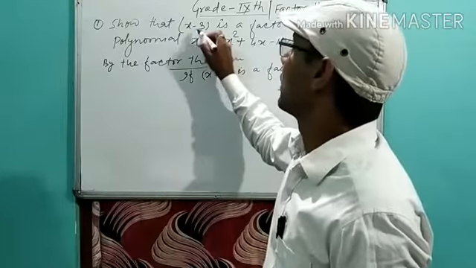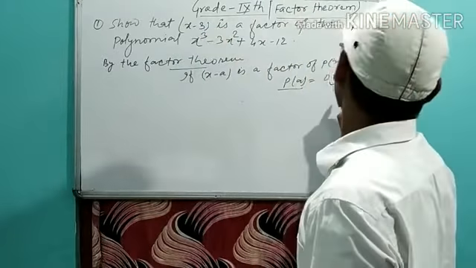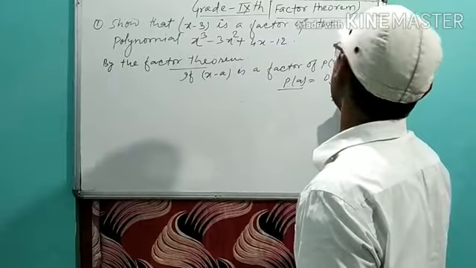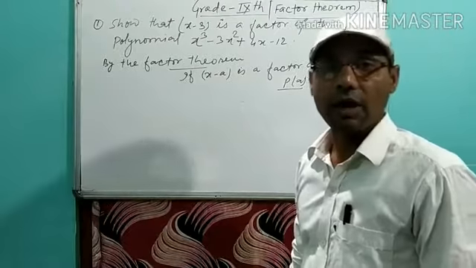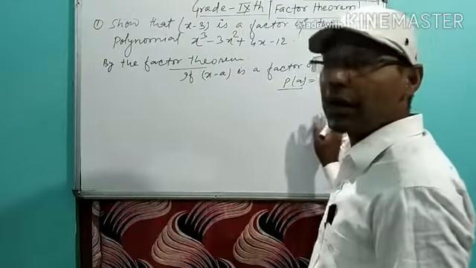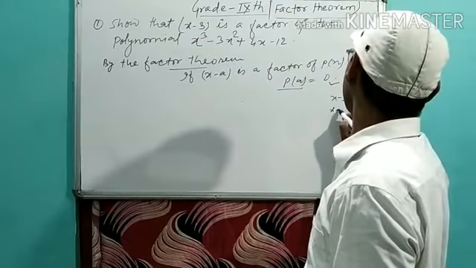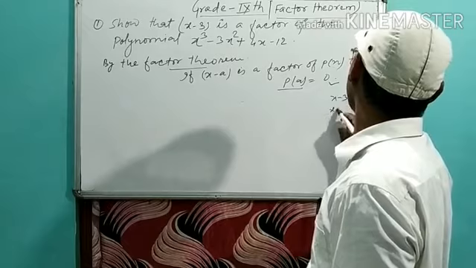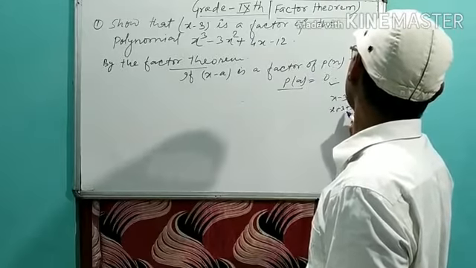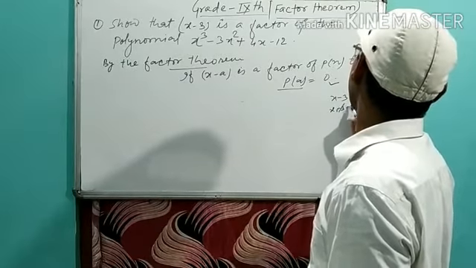Here is x minus 3. X minus 3 is a divisor. To bring x minus 3 equal to 0, what do we have to add? Plus 3. Okay?